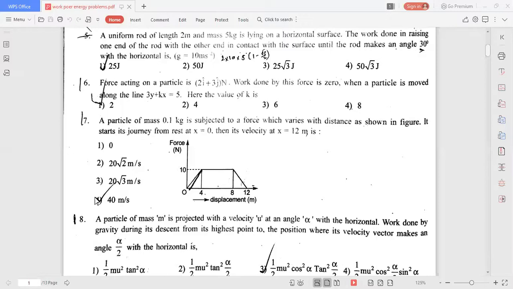Now you see the 7th problem. All of you see the 7th problem.